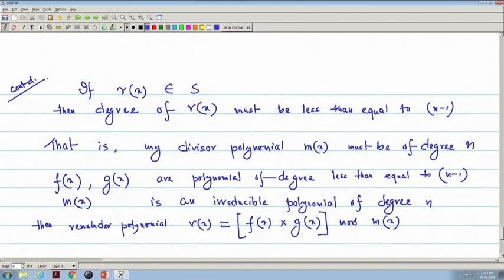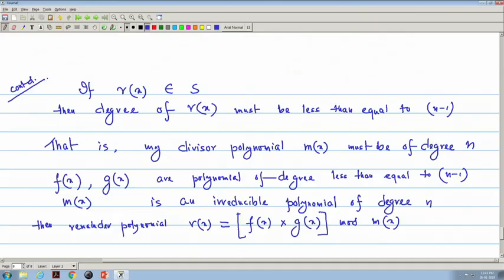This is totally similar to modular arithmetic, because m(x) is analogous to some prime number p and this is a product, so a mod n and the remainder I can take. Now, R(x) has degree less than or equal to n minus 1, so R(x) belongs to S.